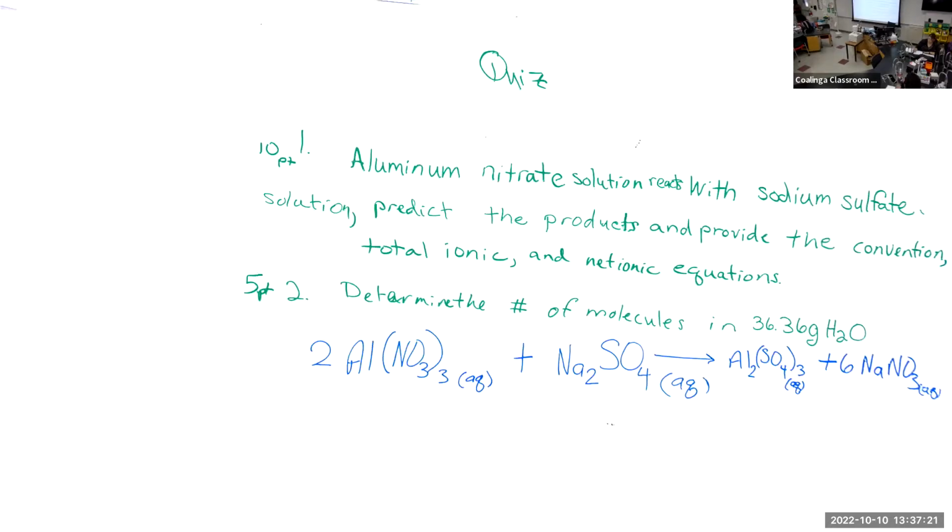And then over here with my sodium sulfate, what do I need to do to balance that out? So then that gives me 6 sodiums, and then that gives me 3 sulfates. Right? Okay, now we have a balanced chemical equation.